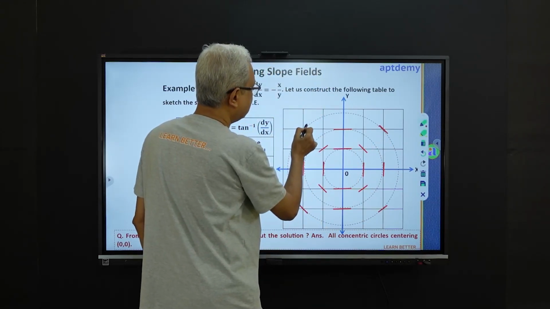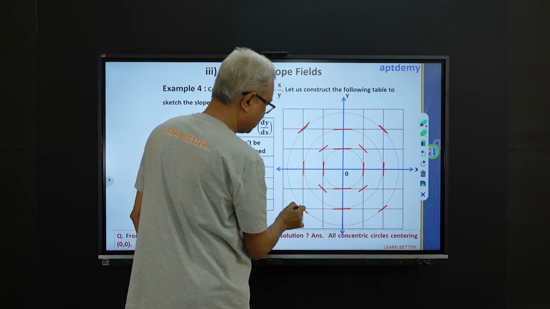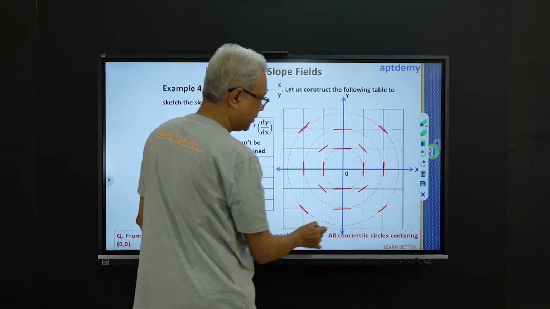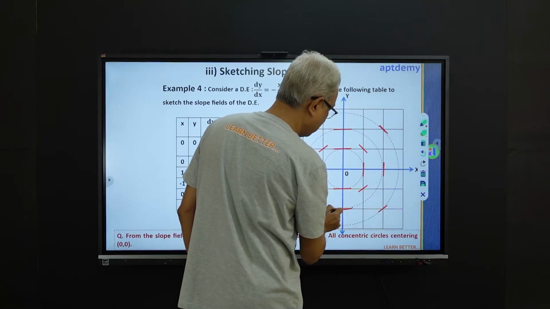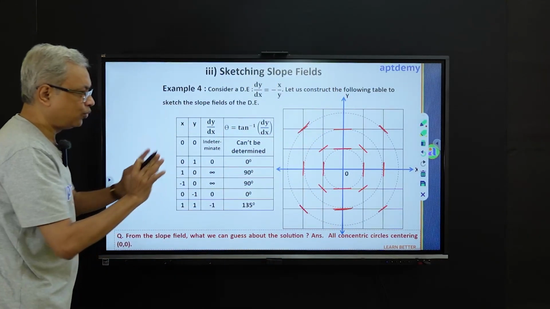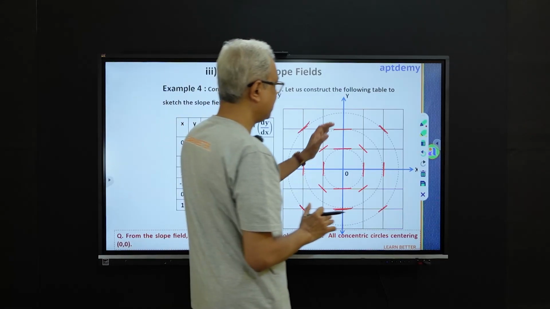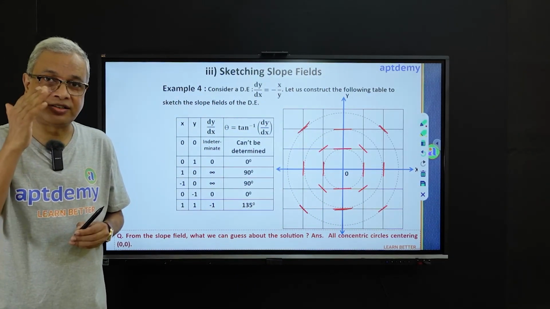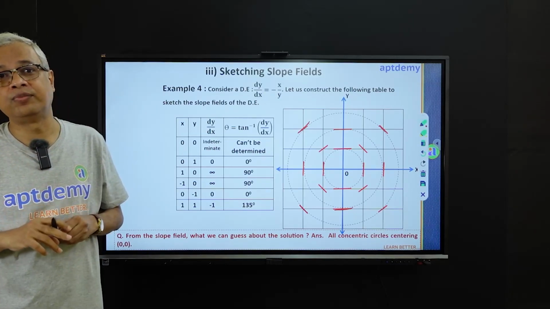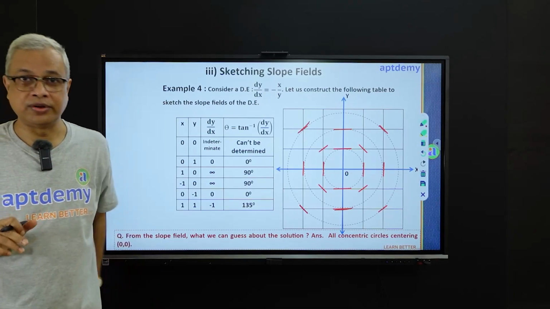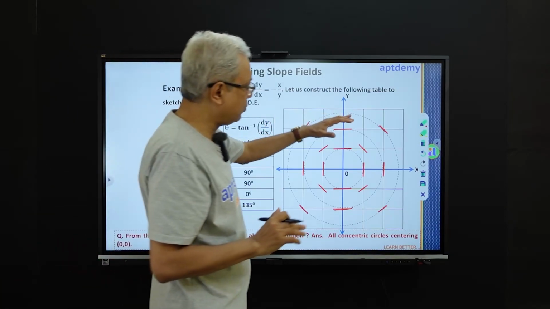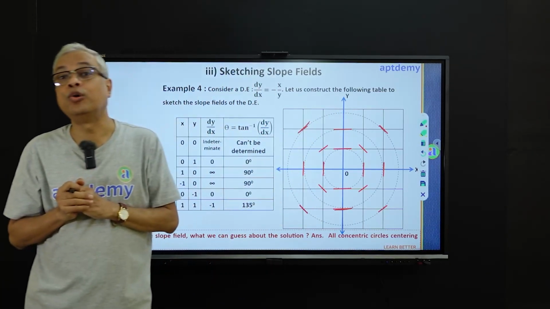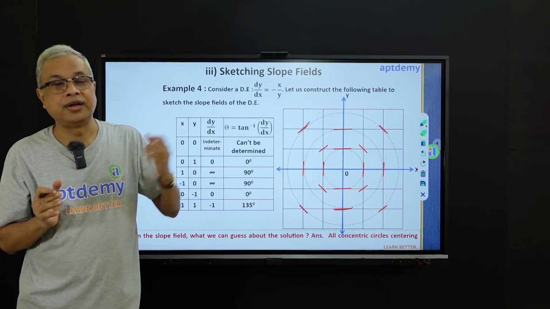At this point, the tangent will be like this. At this point, like this. At this point, like this. So once you draw the slope fields, you get the orientation of the tangents drawn to the solution curve at the given x, y points. Okay, so you can make a guess about the solution of the differential equation.